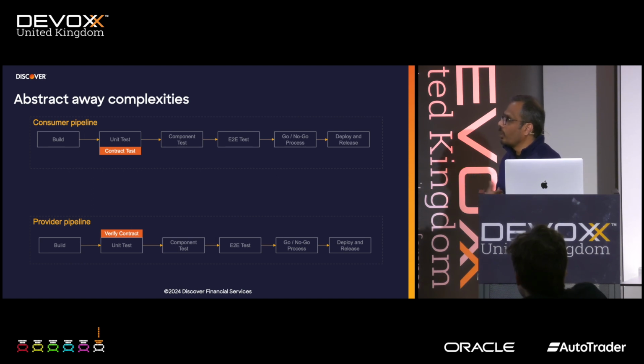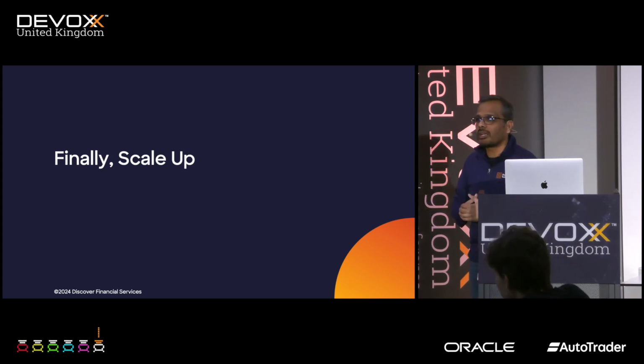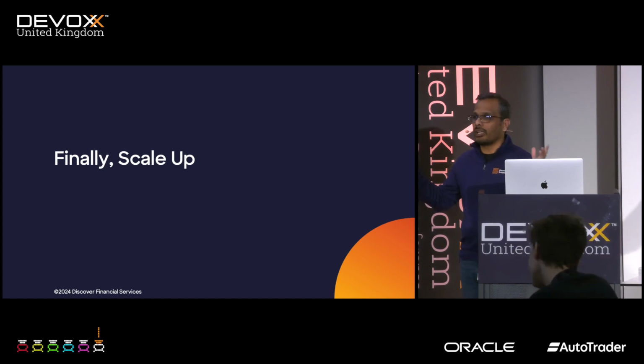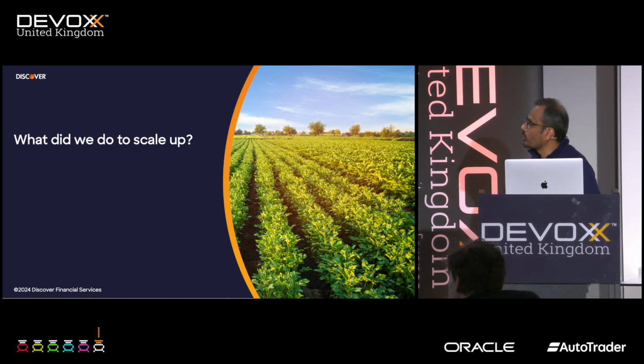At that point, we started seeing some success and the adoption was beginning to pick up. The next natural step is to scale up, going from a handful of teams here and there to hundreds of teams across the organization. I'll share some of the things we tried in terms of scaling up.